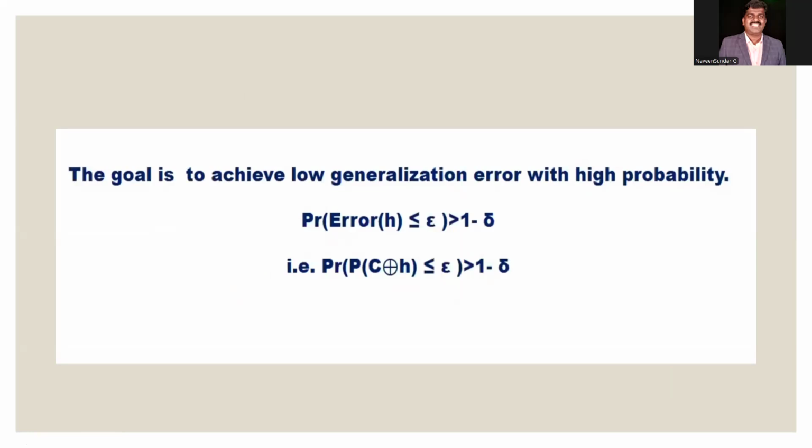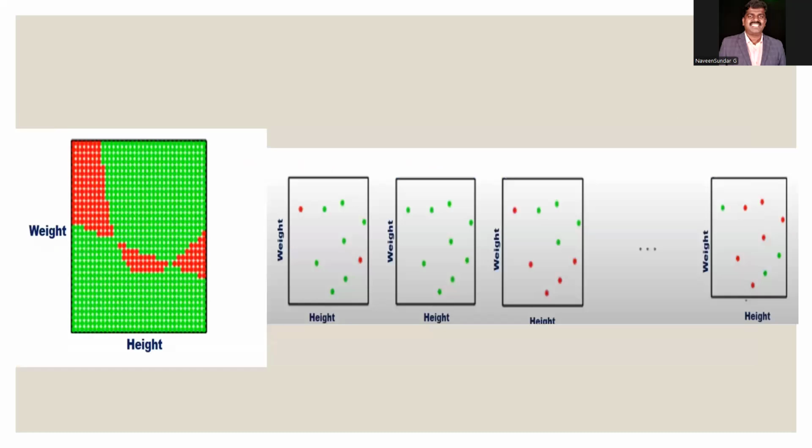That means P of C XOR H should be less than the error rate. Then only can we say it is a high probability, greater than 1 minus delta. That is how we get the goal, and then we can say this is the best criterion.